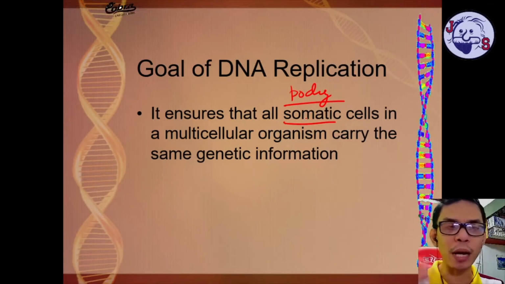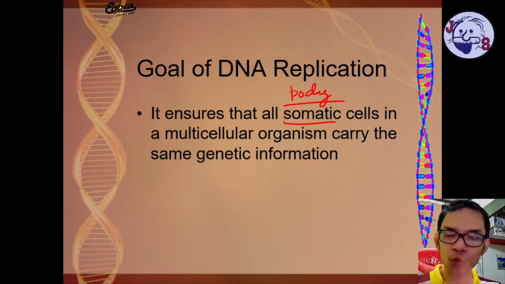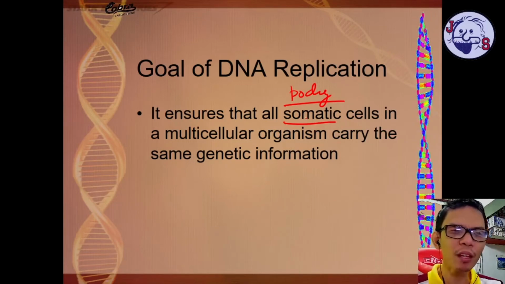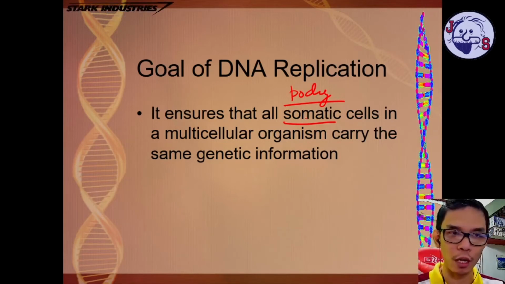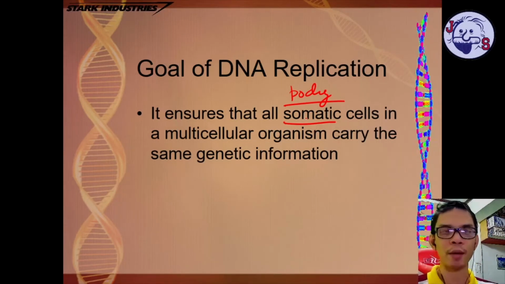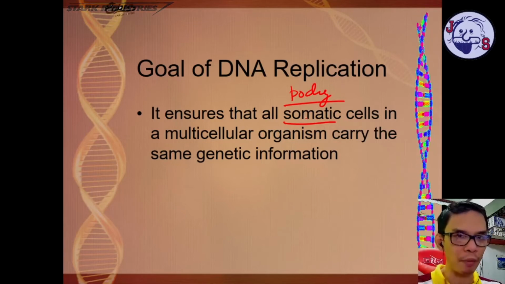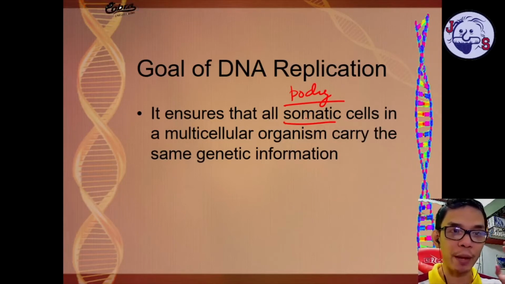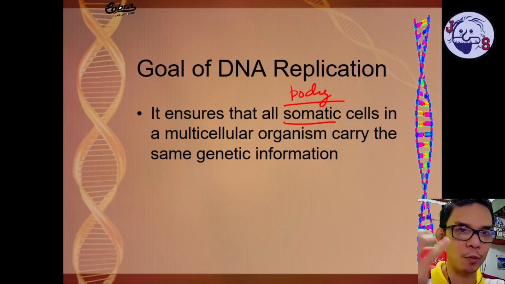Now what are these body cells? Skin cells, bone cells, brain cells or nerve cells, muscles, smooth cells in the smooth muscles, cells in your digestive system, red blood cells, white blood cells, and so on and so forth, except egg and sperm cells.